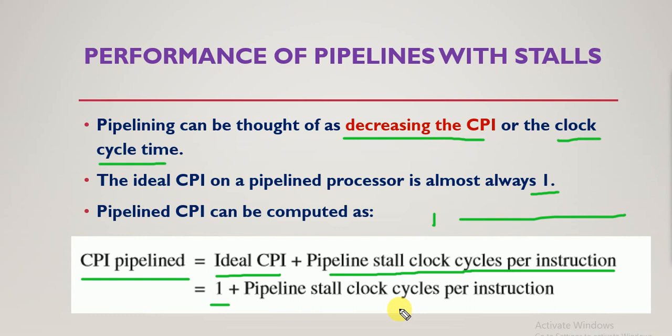Stalls happen because of hazards. So 1 plus pipeline stall clock cycles per insertion is the cycles per insertion of a pipelined system. In the previous example you have seen 1 plus 0.2, that is 1.2. So 1 is the ideal CPI and 0.2 is the delay due to the stall, the additional clock cycles because of the stall generation.